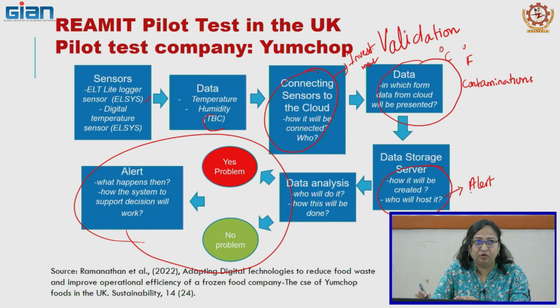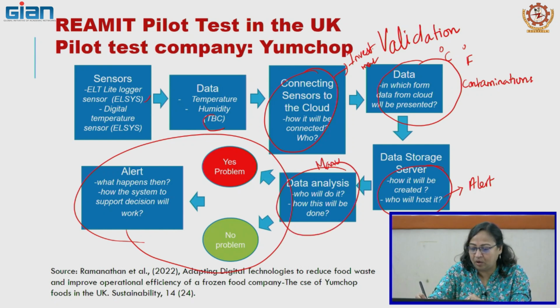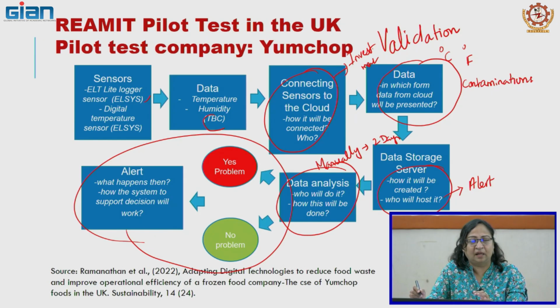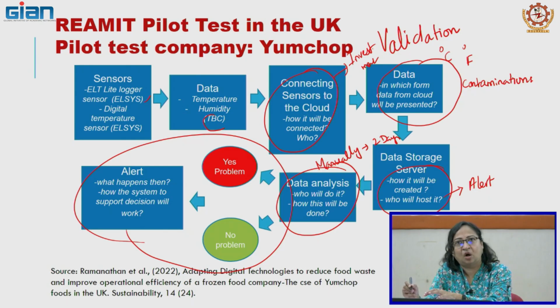I am talking about the food sector, but it is almost the same for other sectors, though maybe the sensors are different. Who will do it and how this will be done is handled by data analysis. This is not manual. If you do it manually, it will take 2 days for one model. That means you can't do it manually. You have to write algorithms, be ready with the algorithms, embedded within your cloud, and then all the analysis will be done automatically, that is AI based.